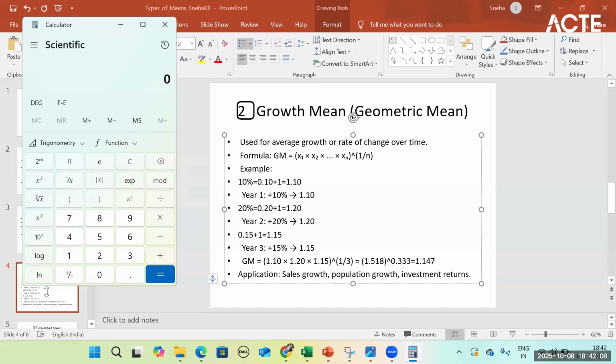Exponential is there. Okay. It is taking square. It is not taking that. I'm telling power of. It is not there.